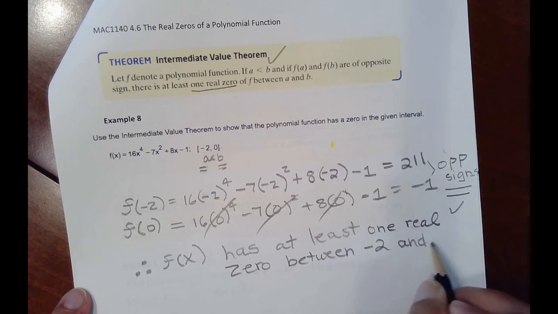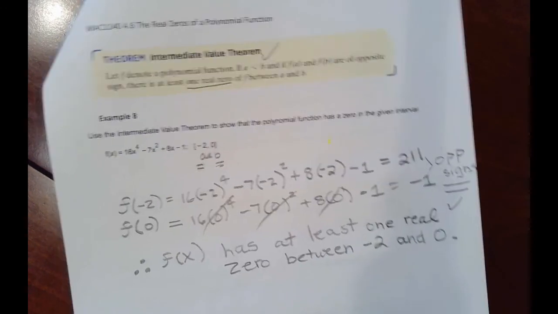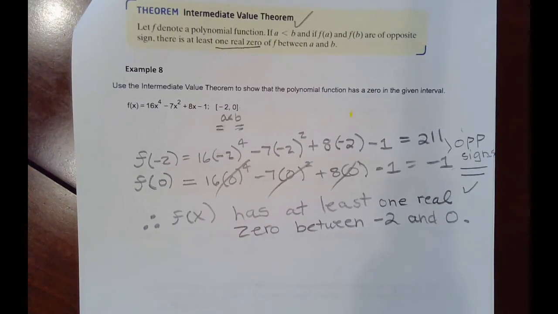You can find at least one real solution. Zeros mean solutions. Okay, that concludes the examples for section 4.6.